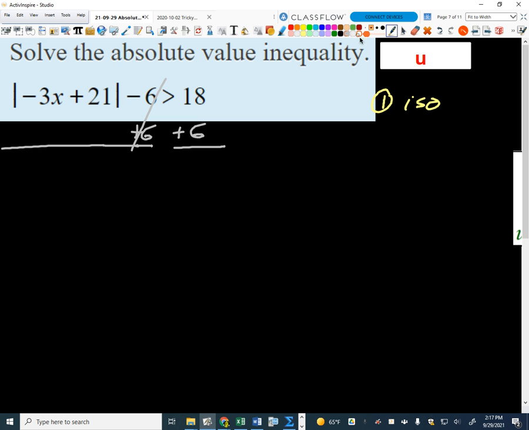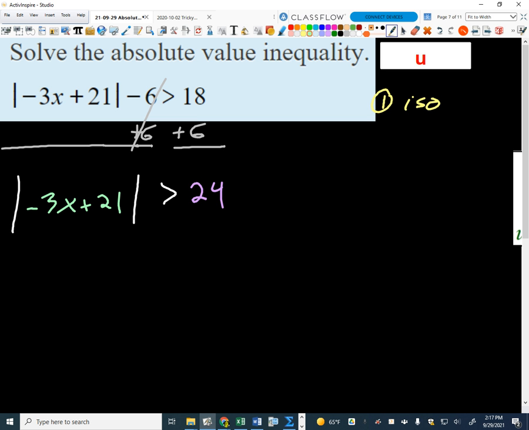Okay, and so we end up with the isolated absolute value is greater than 18 plus 6, which is 24, right? And what's inside is negative 3x plus 21.